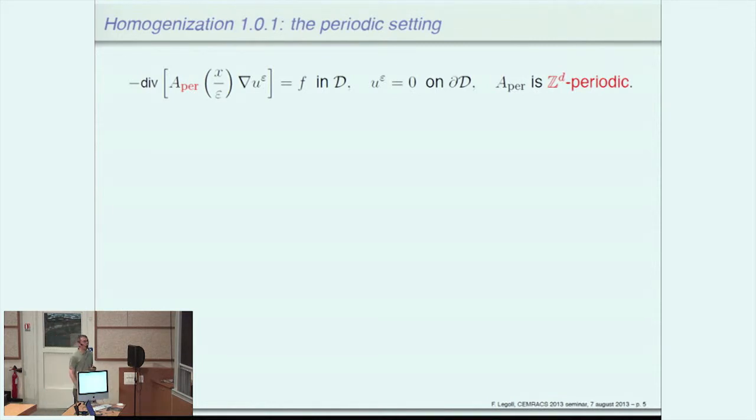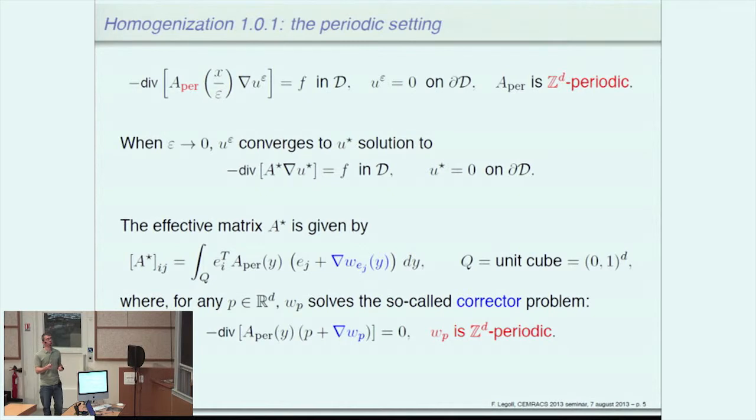We know, and this is the classical homogenization theory, that u epsilon, which is a highly oscillatory solution, converges to u star, which is the solution of that problem here, which is a much easier problem to solve, because here the matrix coefficient A star is constant.